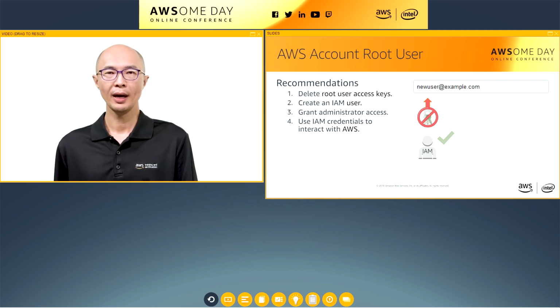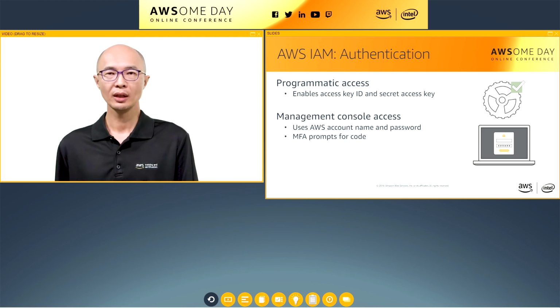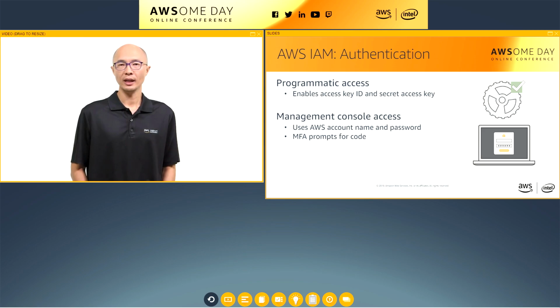If you need to modify or revoke your permissions, you can delete or modify the policies that are associated with that IAM user. When adding users, you get to select how users will access AWS. There are two different types of access you can assign users: programmatic access and AWS Management Console access. Programmatic access enables an access key ID and secret access key for the AWS API, CLI, SDK, and other development tools.